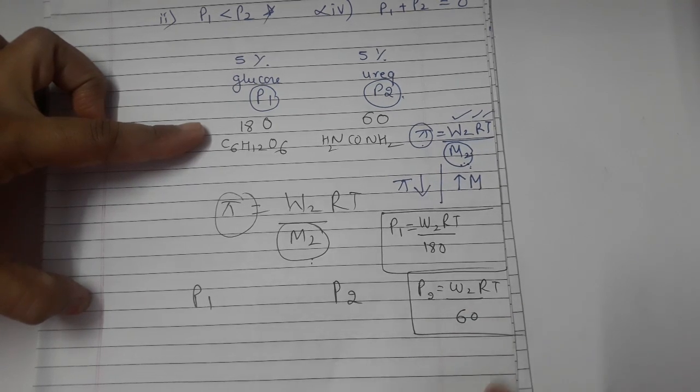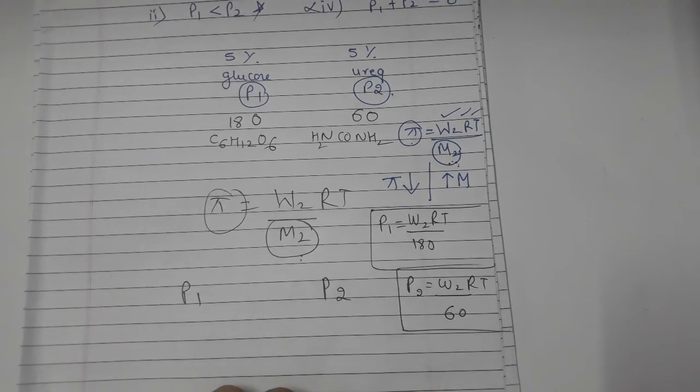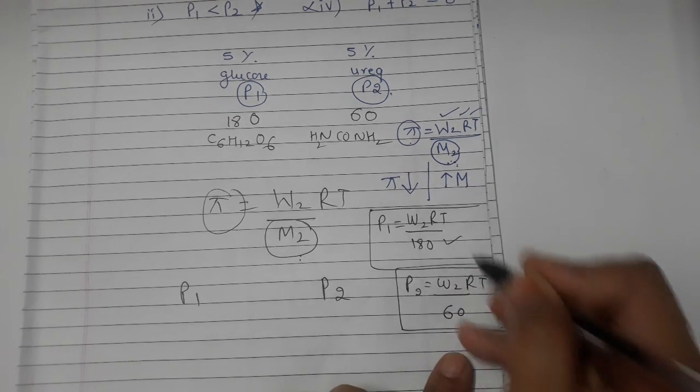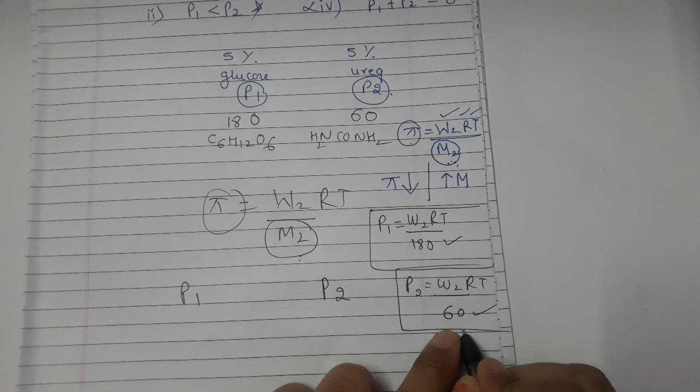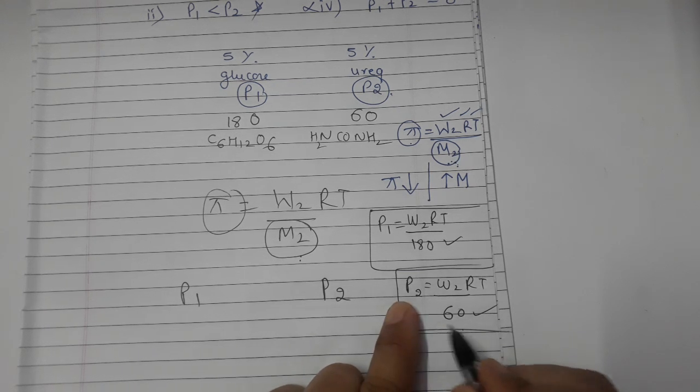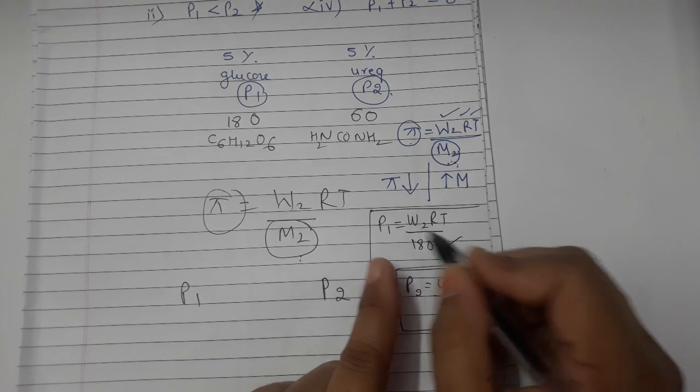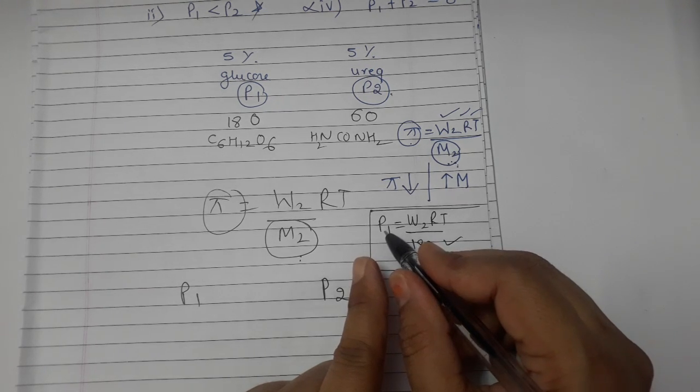Now, you only see and tell me in which case the osmotic pressure would be more. You have to look at this. Molar mass is less, osmotic pressure would be more. Molar mass is more, osmotic pressure would be less, isn't it?